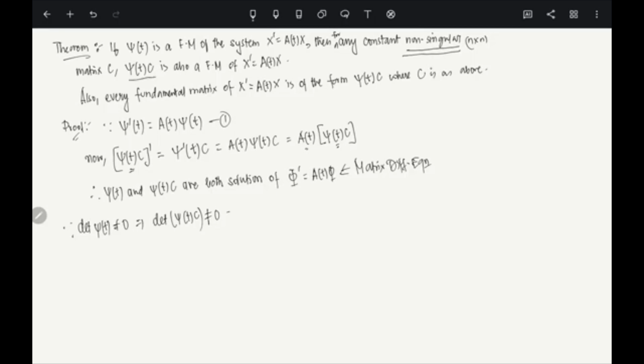Clear? Very simple. Now we have to show the converse part. So what is the converse? Any two fundamental matrices are given to you, and we have to show that one is a constant multiple of another.